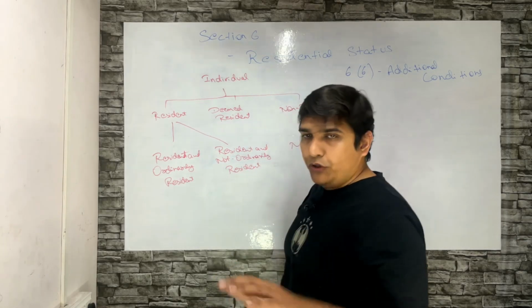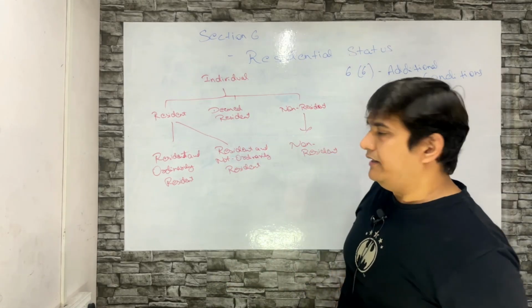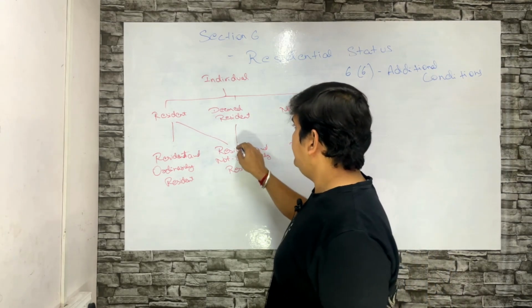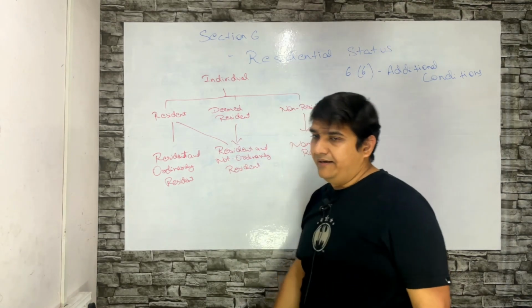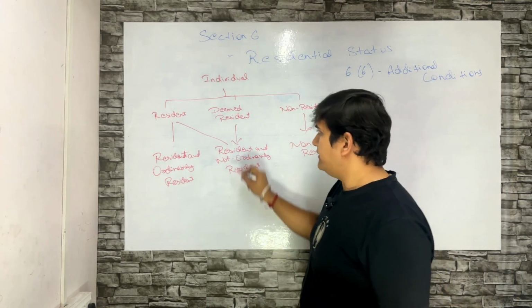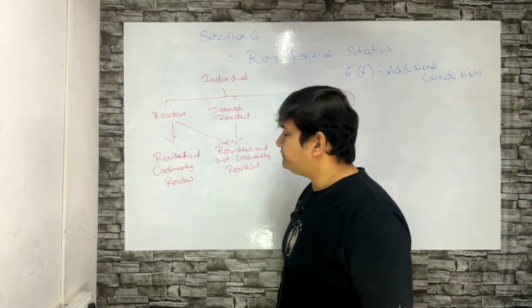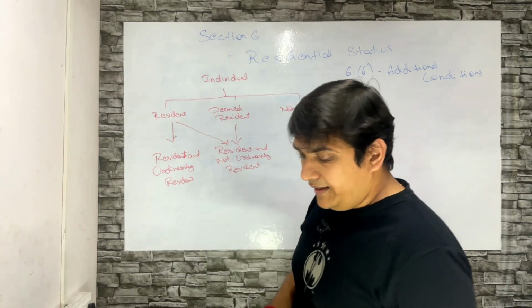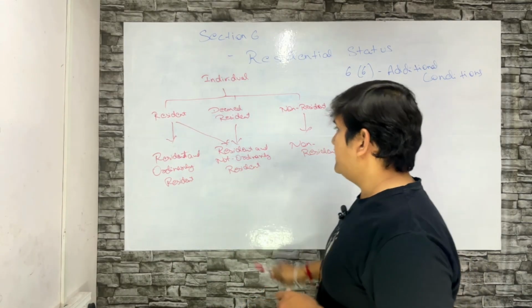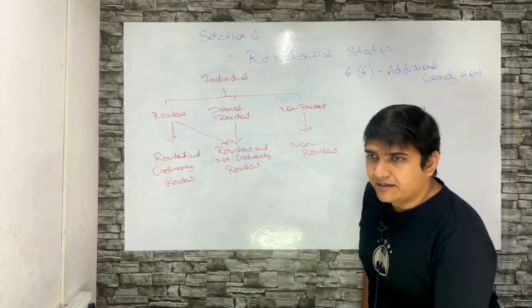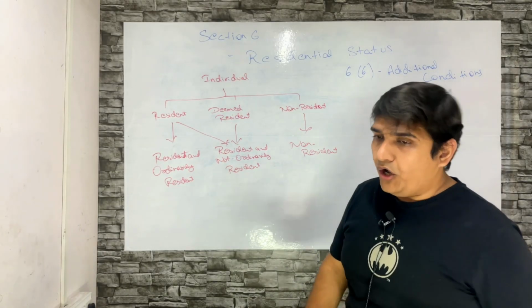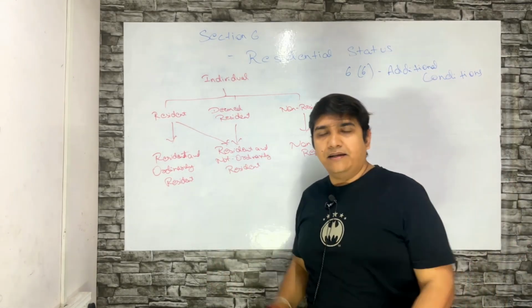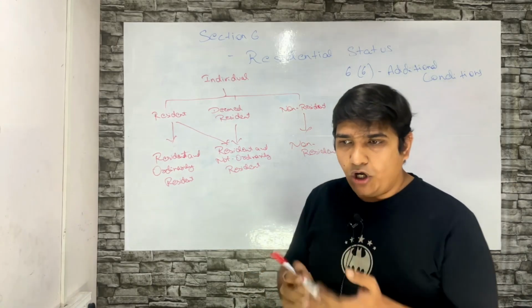Deemed resident, we will talk about in detail, but whenever it is a deemed resident, that person will always be resident and not ordinarily resident, right? So what is resident and ordinarily resident? What is resident and not ordinarily resident? And what is non-resident? Non-resident, easy to guess, that individual is not a resident in India.